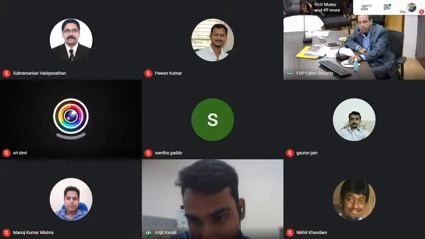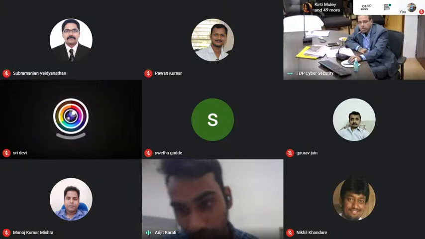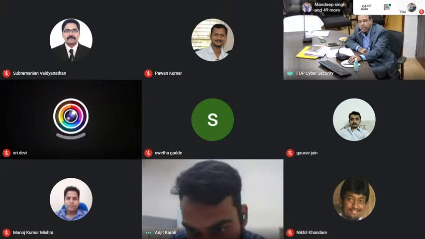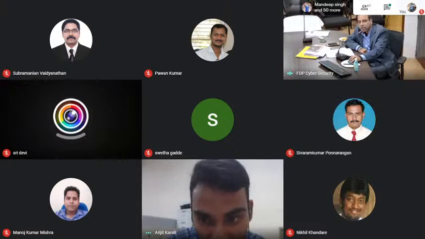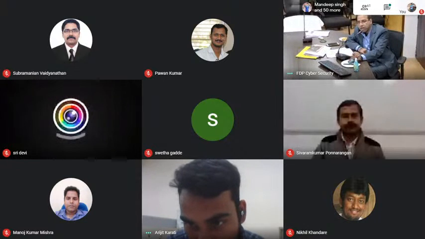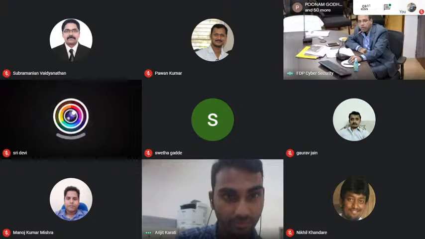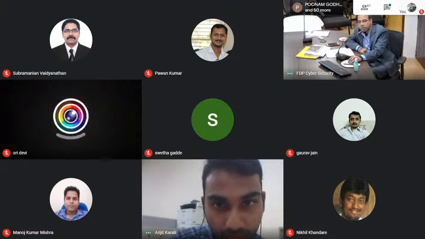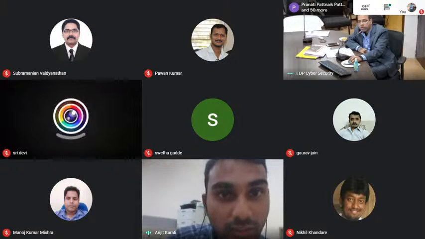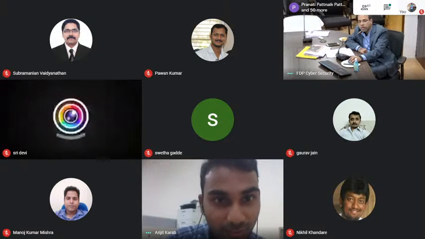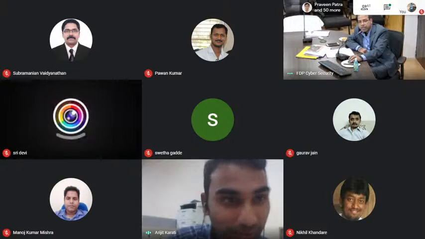There are three options: your entire screen, window, and tab. Click the three dots at the right-most corner below. There is the option Present now. I can see Present now, but why is my screen not shareable?